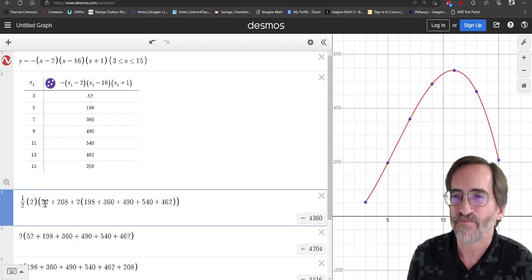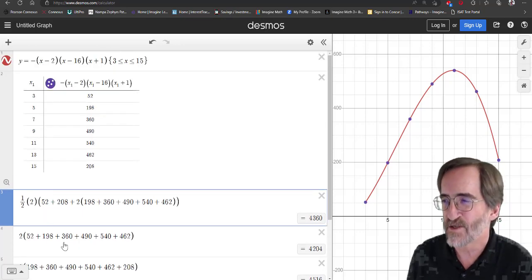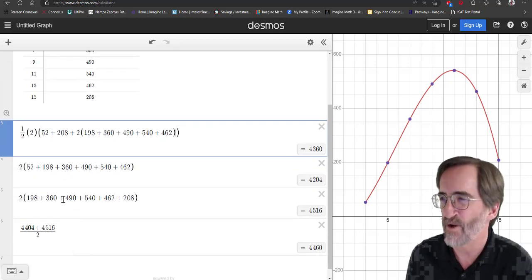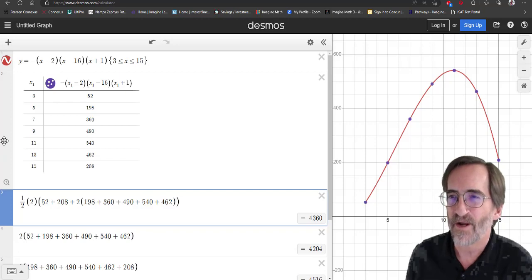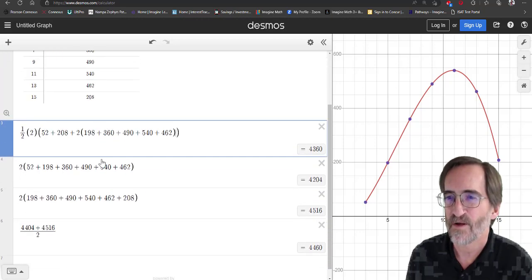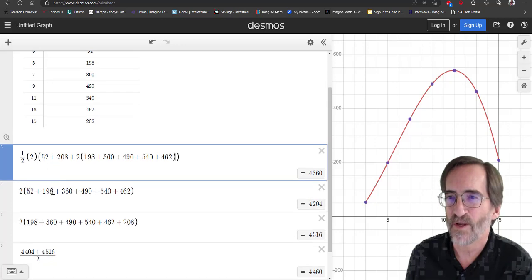Let's check. Because my experience has shown me that the trapezoid rule comes out the same as averaging LRAM and RRAM. And I might explore that a little bit more, but that really isn't part of the lesson. But 52, 208, 198, 360, 490, 540, 462.